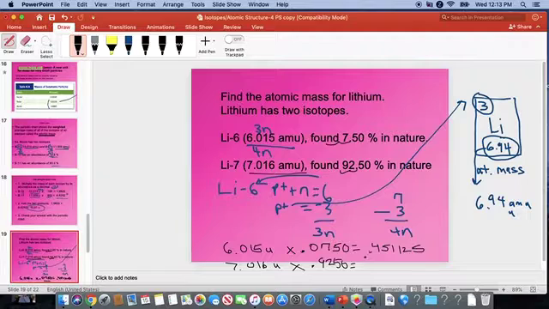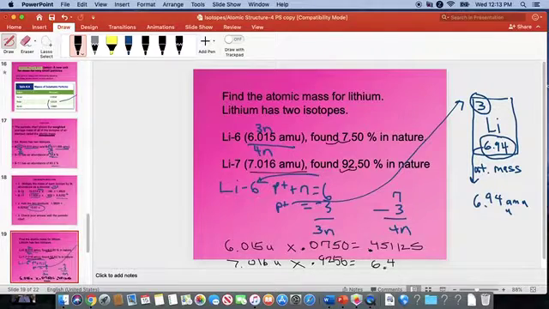When I multiply these two together, I get 6.4898.